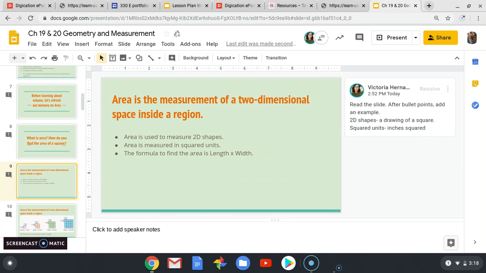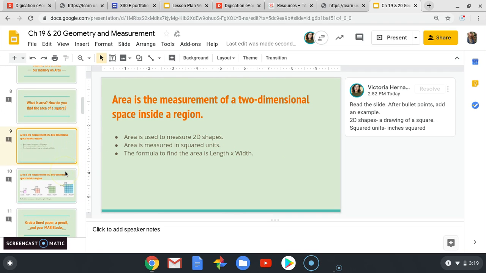Area is the measurement of a 2-dimensional space inside a region. Area is used to measure 2D shapes. Area is measured in square units, and the formula is length times width. So you do need multiplication to solve this.